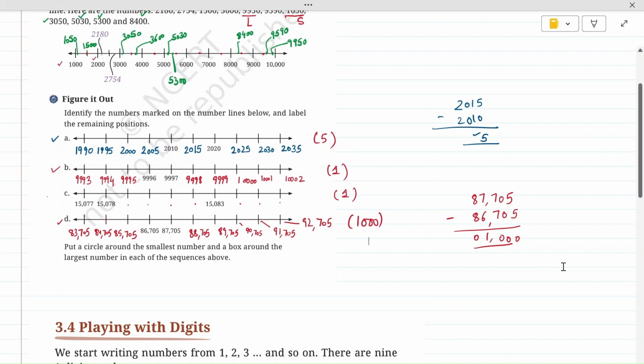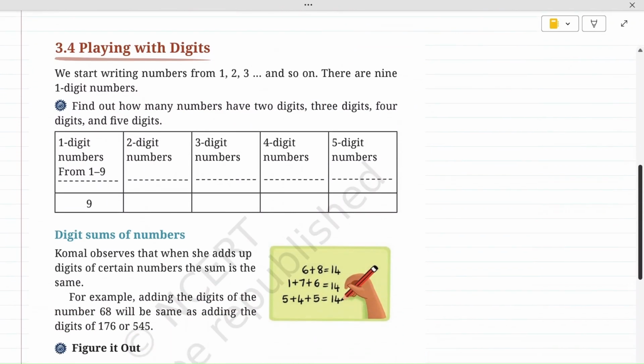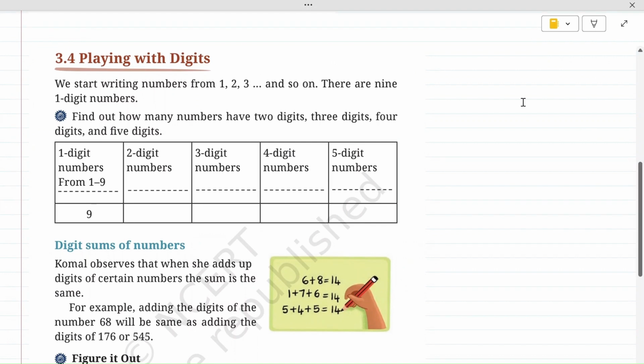Now let us start with the next concept, playing with digits. We start writing numbers from 1, 2, 3 and so on, and there are one-digit numbers. We know this, kids. We have 1, 2, 3, 4, 5, 6, 7, 8 and 9.